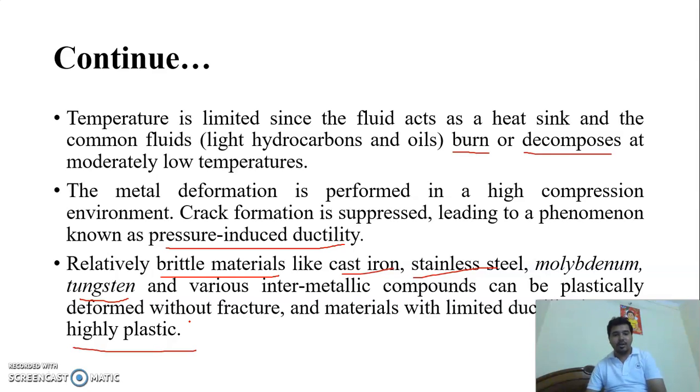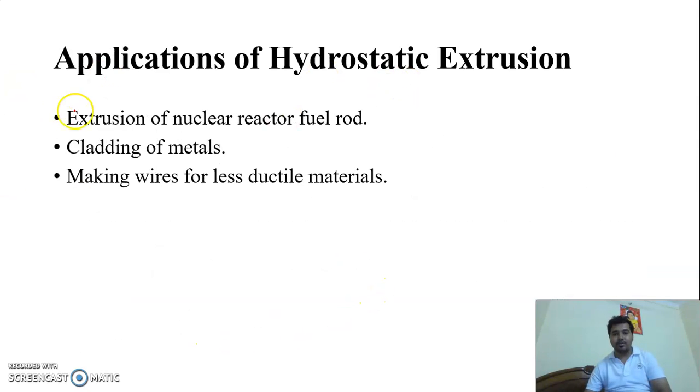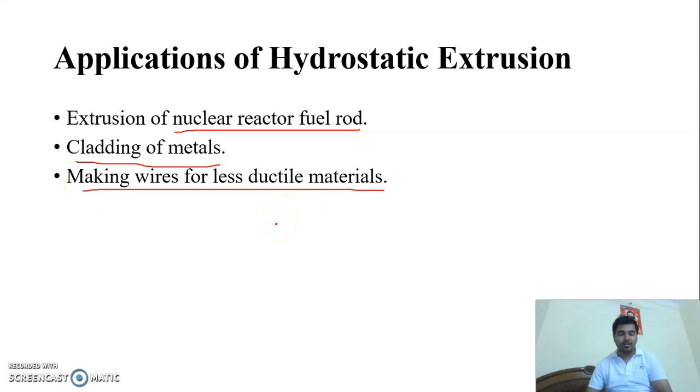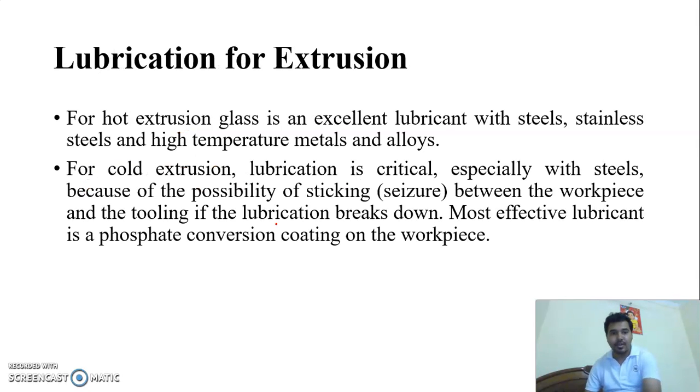Without fracture, we can form these materials by extrusion. Applications of hydrostatic extrusion: we produce nuclear reactor fuel rod cladding of metals, and make wires from less ductile, that is brittle, material.